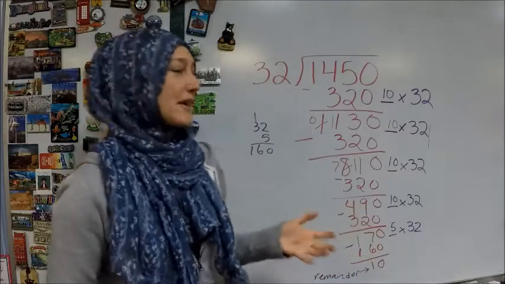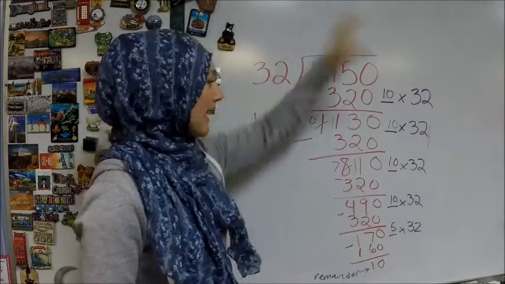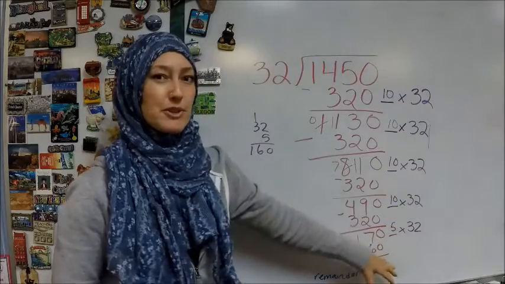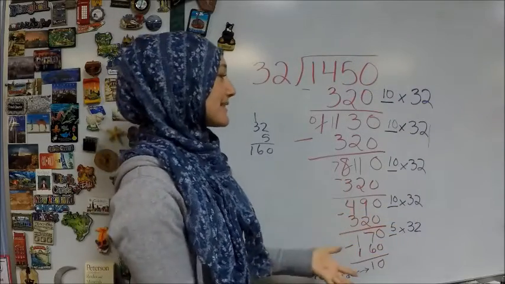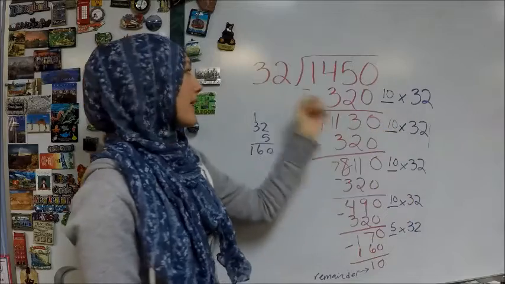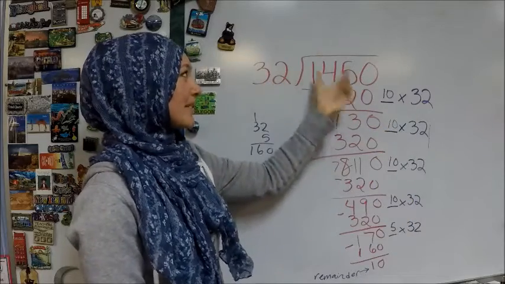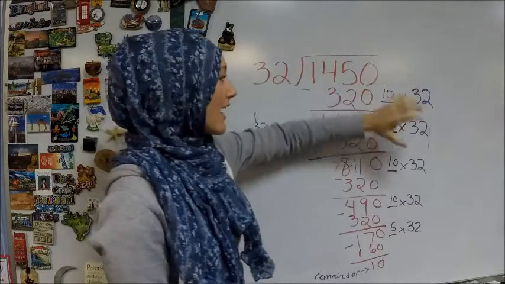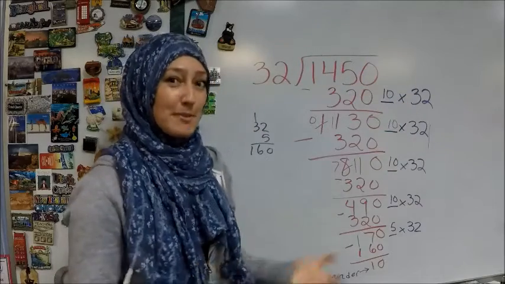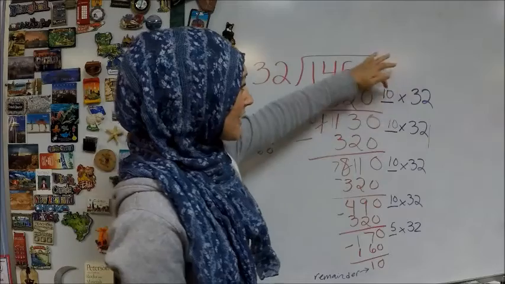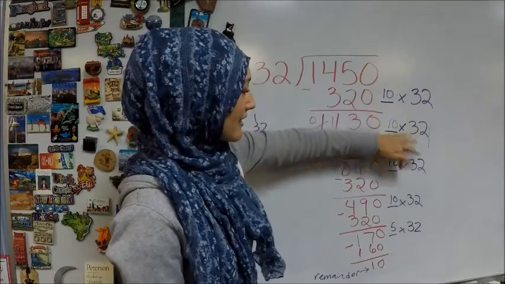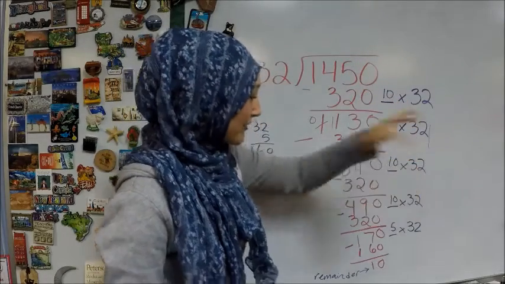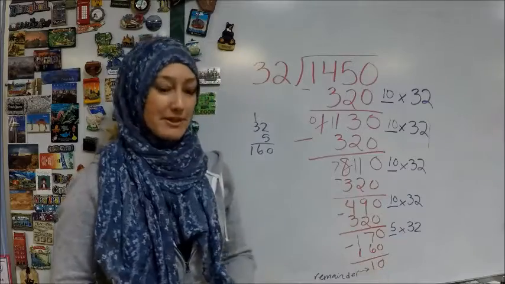And then what I do is I'm going to add up all of these partial quotients, because these are basically the numbers that I am multiplying by to get here. But instead of writing it digit by digit exactly as I go along, I've broken it down into chunks. So my last step is to add them all together. So 10, 20, 30, 40, 45, and then remainder 10.